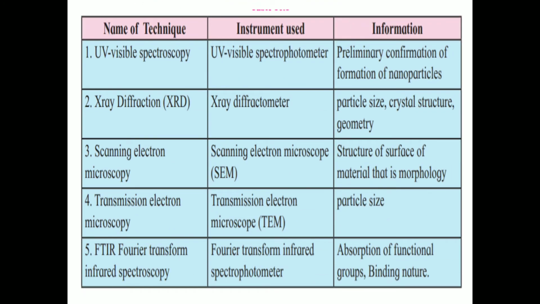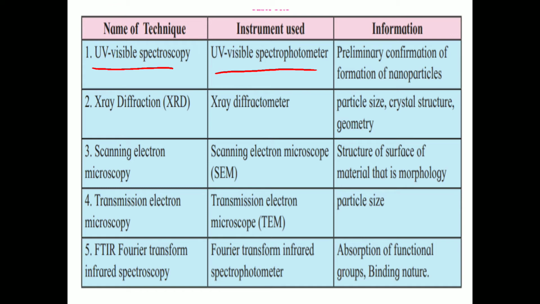The following table shows the names of the various techniques and their use in detail. The first is UV visible spectroscopy, for which the instrument used is the ultraviolet visible spectrophotometer.